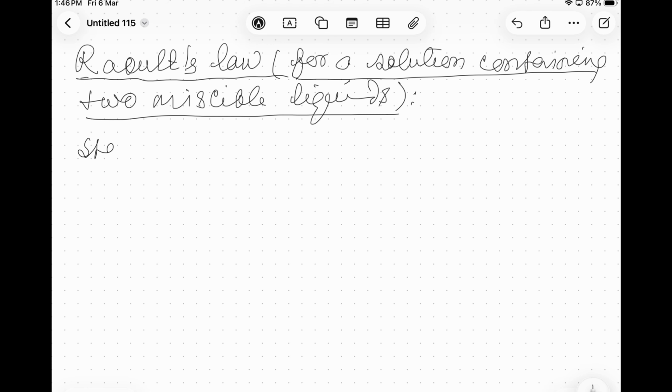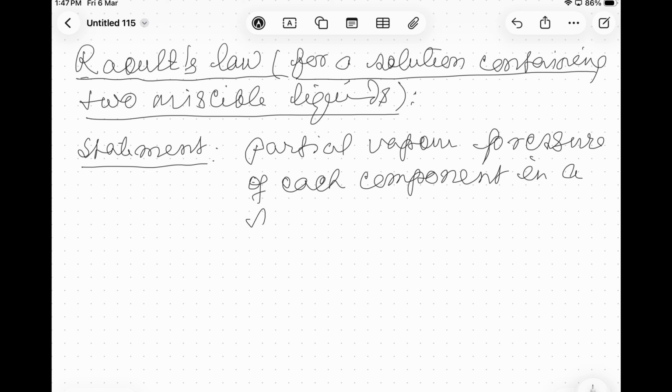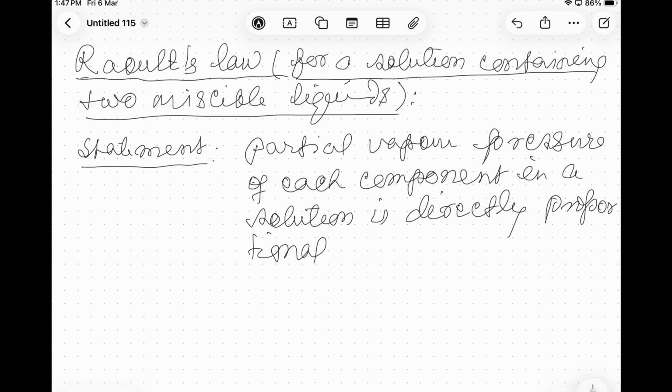According to Raoult's law, the statement is: the partial vapor pressure of each component in a solution is directly proportional to its mole fraction.